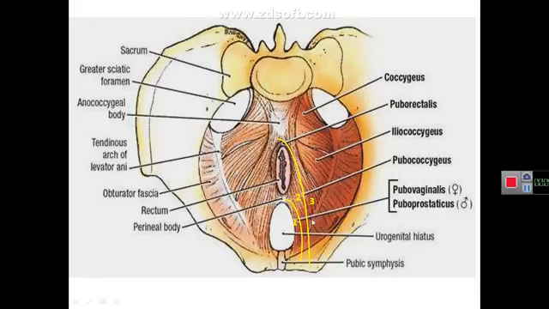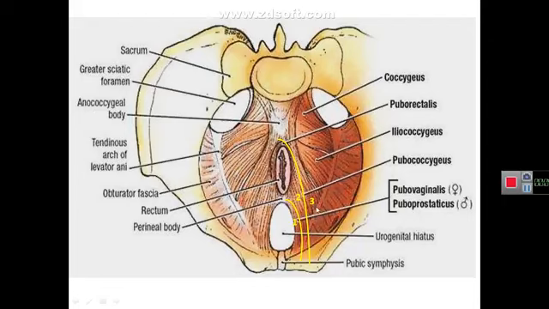The third part, which originates from the anterior half of the wide tendinous arch of obturator fascia, is called the pubococcygeus proper. Although all three, 1, 2, and 3, are pubococcygeus, number 3 originates from the anterior half of the wide tendinous arch, the thickening of the fascia of obturator internus.